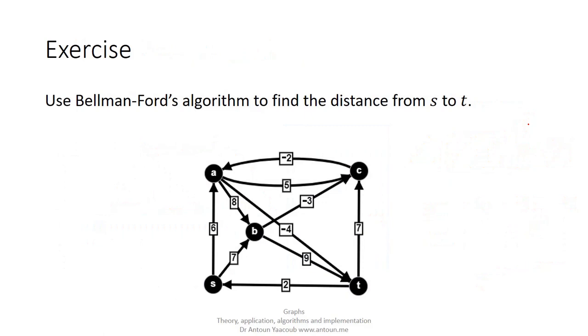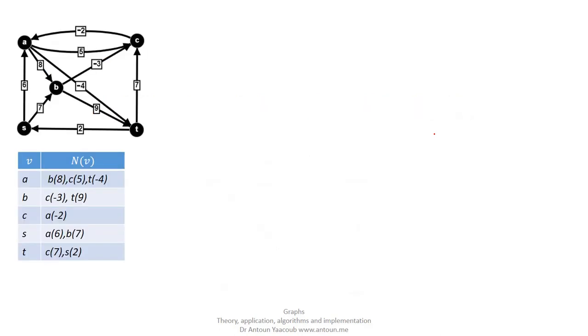So again, we have another example, and we need to use the Bellman-Ford algorithm to find the distance from S to T. We may find that we have a negative cycle here, so we'll see if it's the case or not. So we have here the graph and the neighboring vertices.